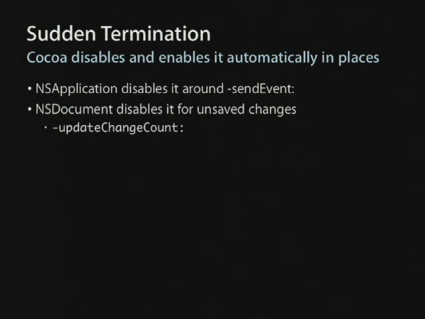We also do this in NSDocument, and that's what you're here to hear about. NSDocument disables it for all unsaved changes. Unsaved changes are a form of deferred work that have to mark the app as dirty until they're actually saved. For your information about the implementation, we do this in updateChangeCount. That's interesting because if you're overriding updateChangeCount to defeat it, or adding strange invocations of it, you might run into some trouble. It's a pretty interesting method.